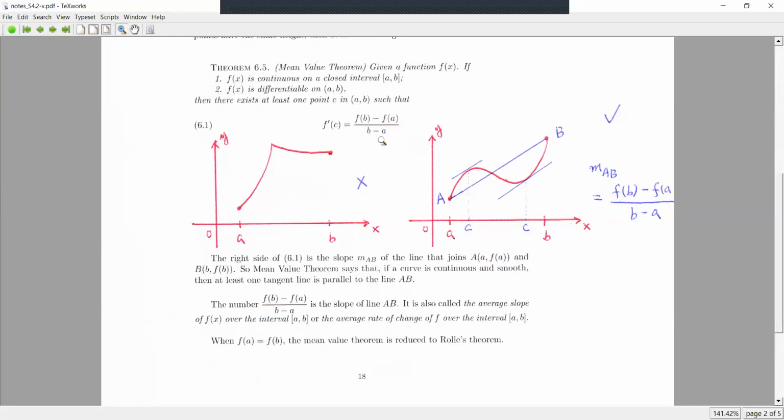When slopes of two lines are equal, the two lines are parallel. So actually, this conclusion says that you can find a tangent line, at least one tangent line, that is parallel to the line AB. This is the conclusion.